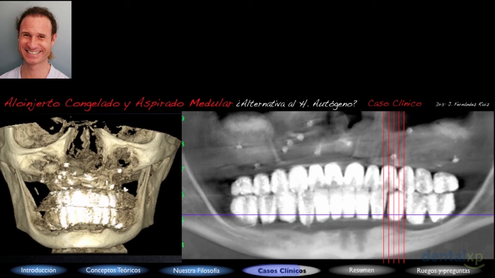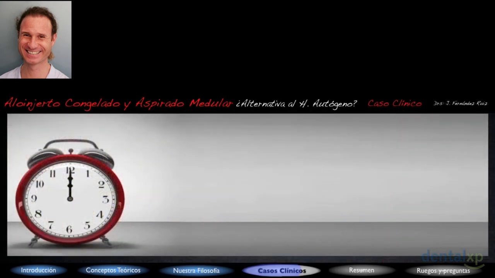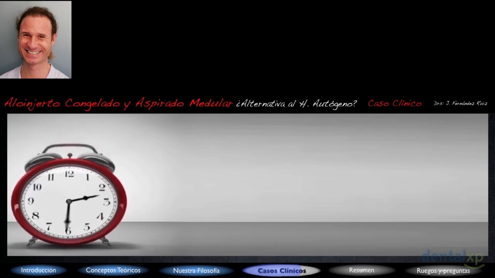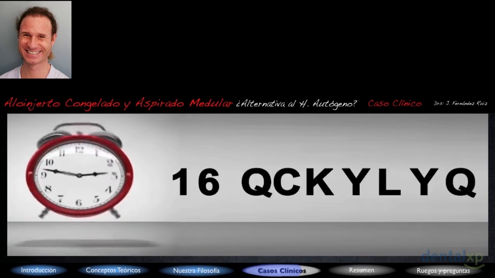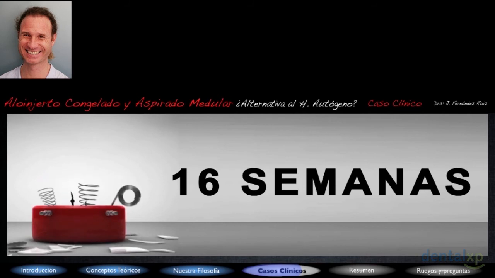We can observe how some weeks after, 16 weeks after bilateral maxillary sinus and elevation of the premaxilla, we can observe a vascularized new bone, very little resorption.